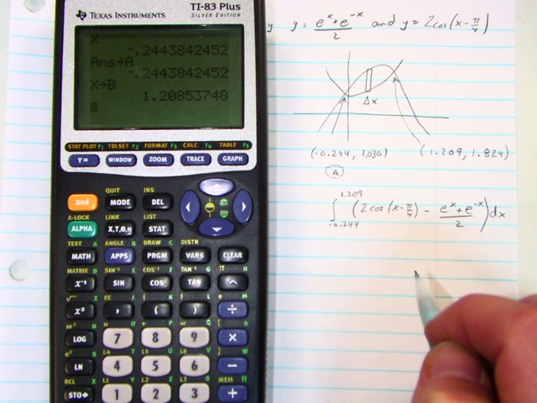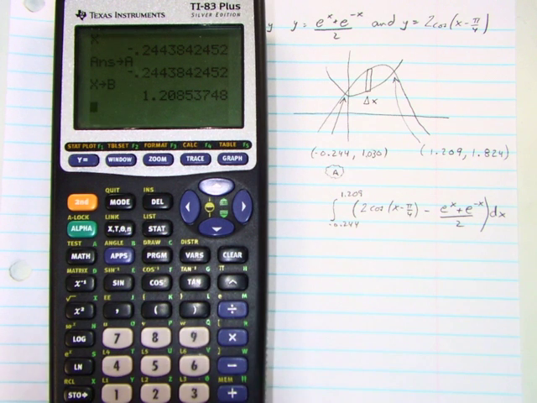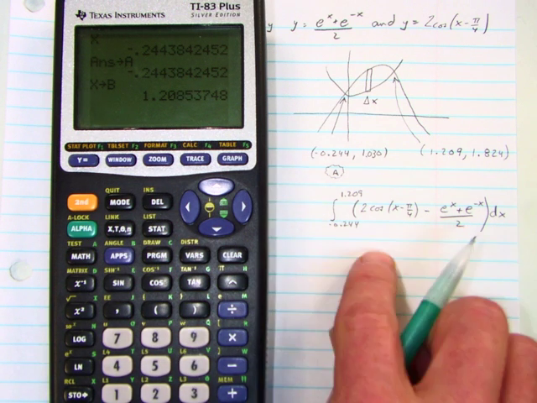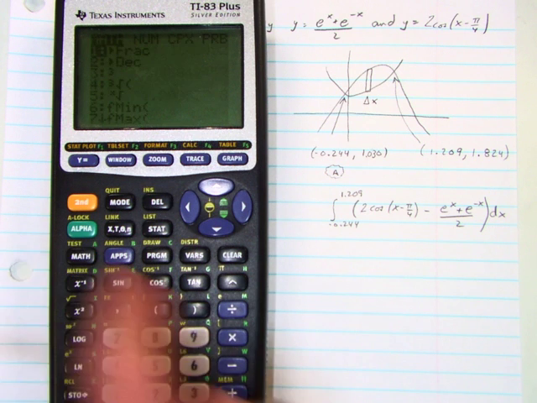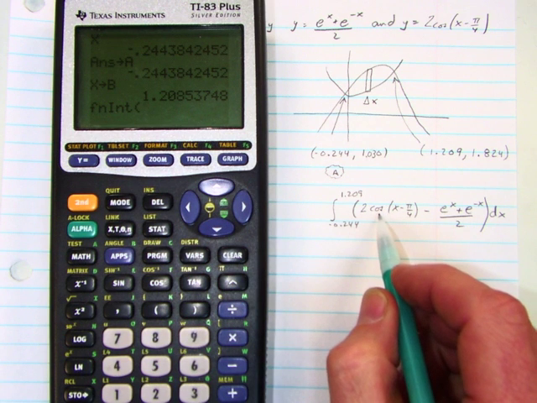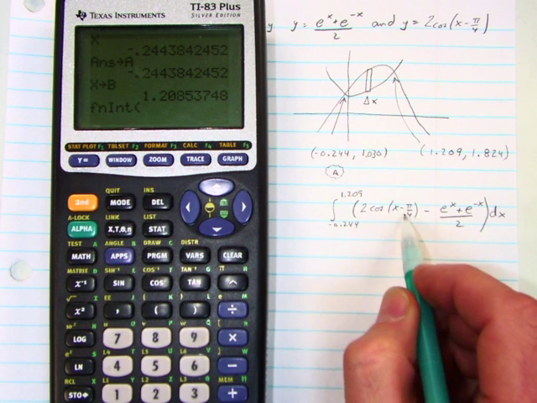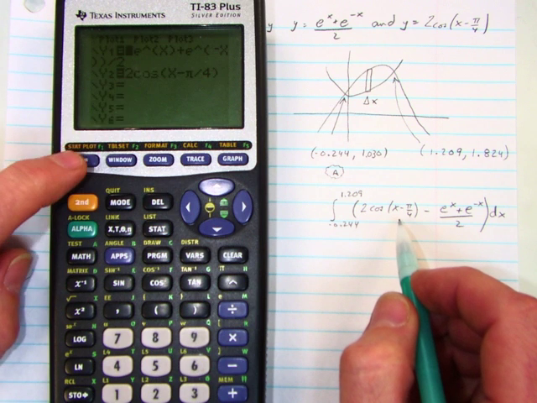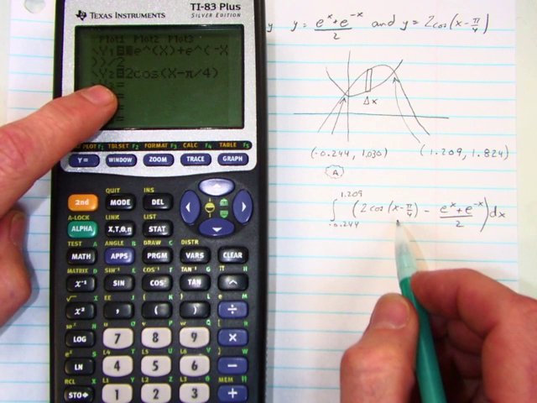Note what we're going to do is use our calculator, but we're not going to write our calculator notation at all. So how do we do this on our calculator? We go math 9 to give our fnInt, and then we have to say, where did we put this 2 cosine of x minus pi over 4? That's at Y2.